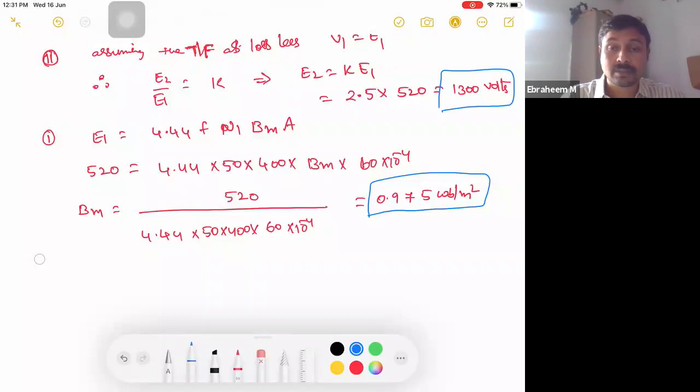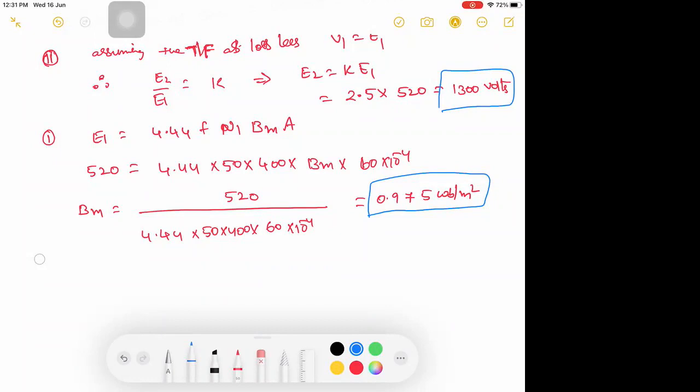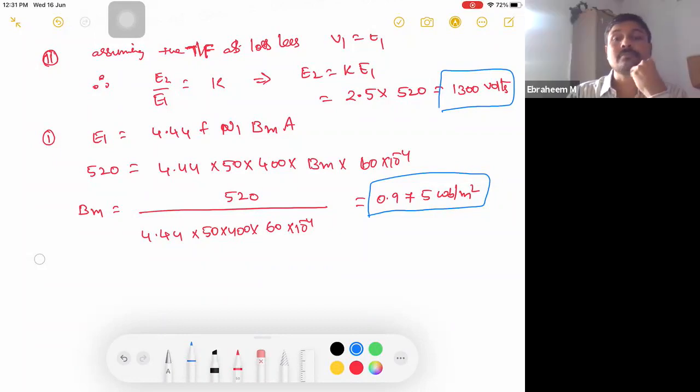So that is the flux density present in the core because of the primary current as well as secondary current. That is primary flux and secondary flux. Is it clear? Is there any doubt in this? Yes, sir, clear. So next we will see another problem.